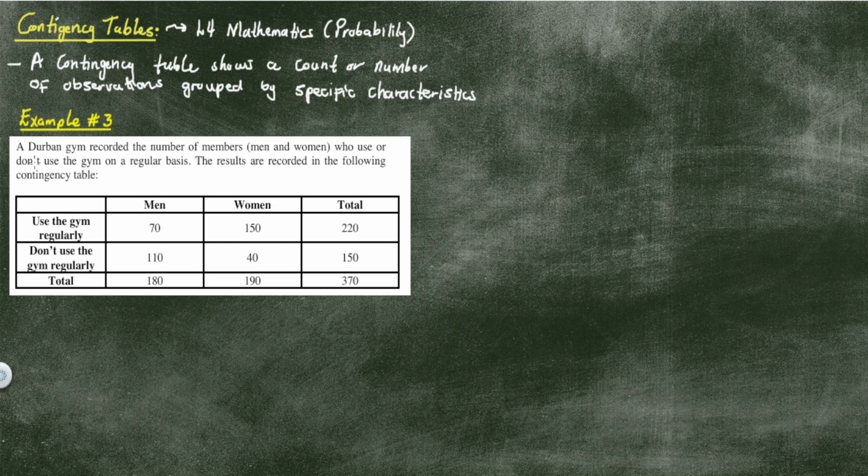If we read through the statement, a Durban gym recorded the number of members, men and women, who use or don't use the gym on a regular basis. The results are recorded in the following contingency table. So, two events: those who go to the gym on a regular basis and the ones who don't. But those events are separated by two categories, if I may. They are separated by men and women, right?